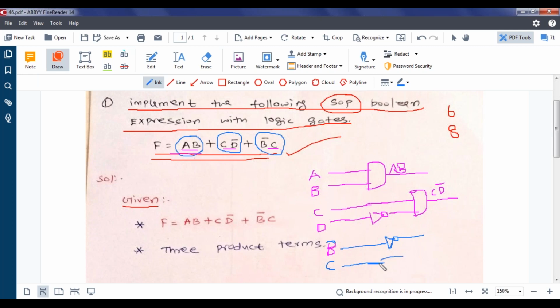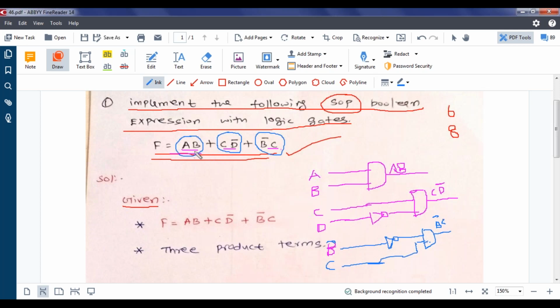These two values can be given to an AND gate because it is B bar into C. Then the output will be B bar into C.